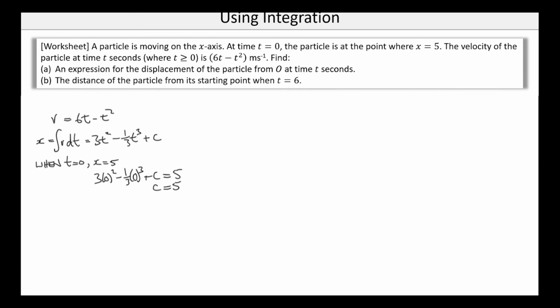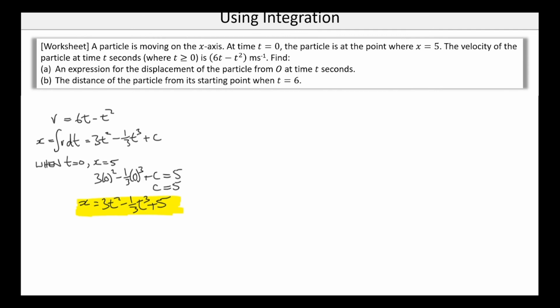Substituting gives us c equals 5, and now I can just put this into the previous equation, and this is the definitive equation that I can use for the x value. Anytime I want to find the x value, I can substitute a value of t into this, and it tells me the x value it would have on that straight line ruler.